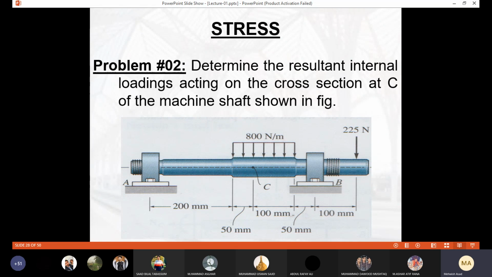You have to calculate the internal loads. So the first step will be we have to pass this section through the beam at point C. Since we have to calculate forces at point C, we will pass the section from point C. And then we will draw the free body diagram. After drawing the free body diagram, we will apply the equations of equilibrium and solve for the internal loadings.